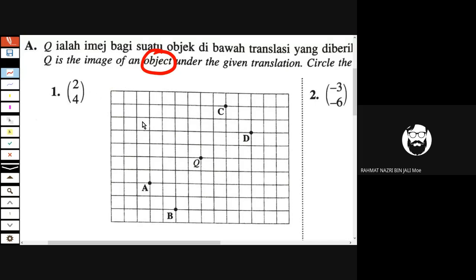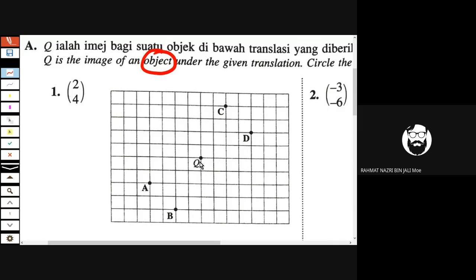This is not the full format of the Cartesian coordinate system because the x and y axes are not given. So we just count the boxes. Q is the image of the object. Okay, this is the image.